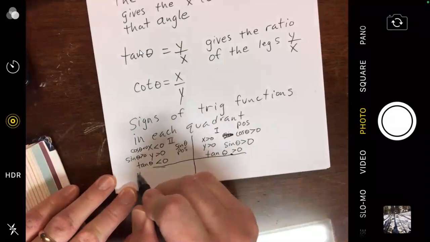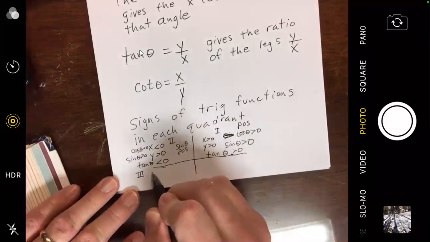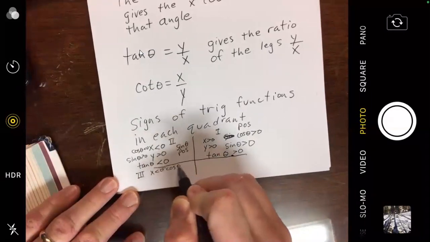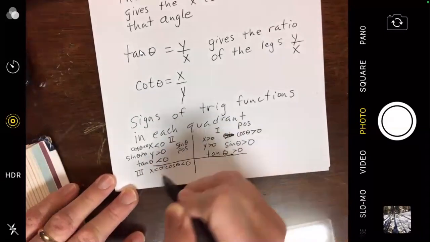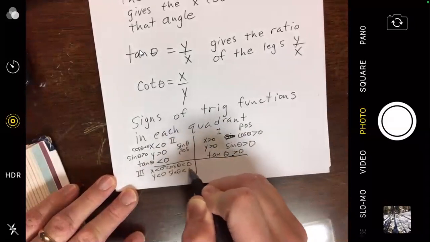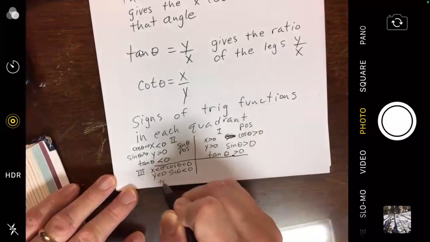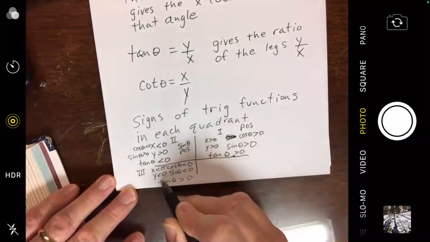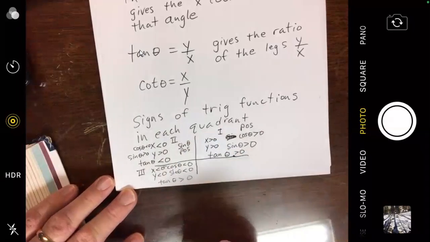Quadrant 3, now your x is negative, so cosine theta is negative. Your y is negative, sine theta will be negative, but your tangent is positive. Negative over negative is positive.